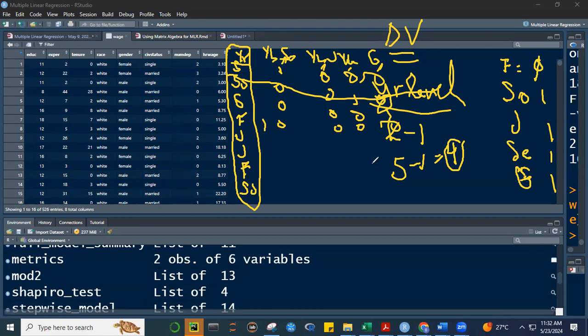Now, it's not done because what will happen is that there will be perfect multicollinearity. Please take note of that. Perfect multicollinearity. That will happen if the number of the dummy variables that you introduce is the same as the number of levels of the variable.